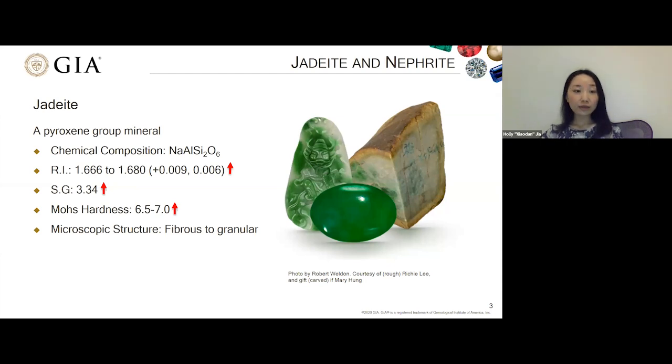And even from the appearance, with enough experience, it's also possible to tell some differences. For example, green nephrite is usually colored by iron, so its color can hardly rival the vivid green color in jadeite that is induced by chromium. And also the transparency of nephrite tends to be lower than that of top quality semi-transparent jadeite.